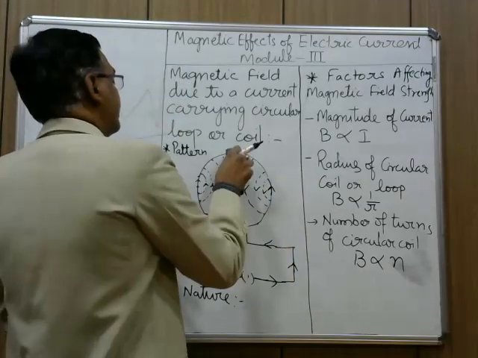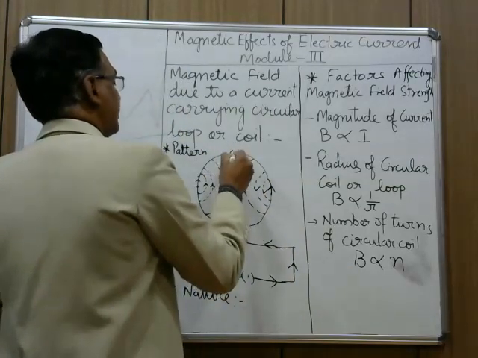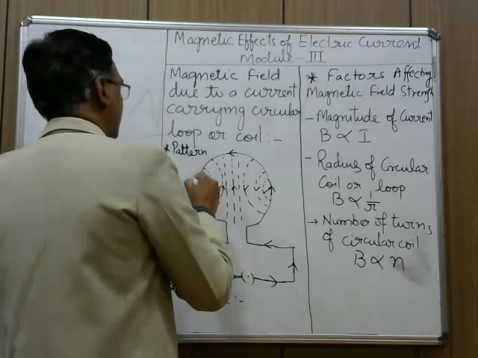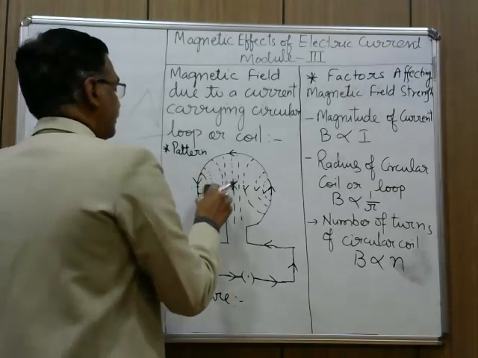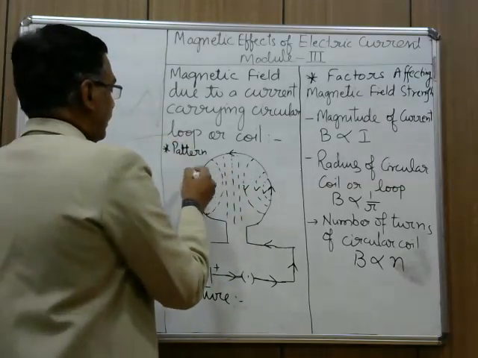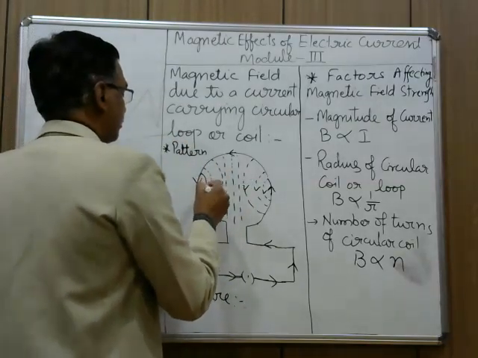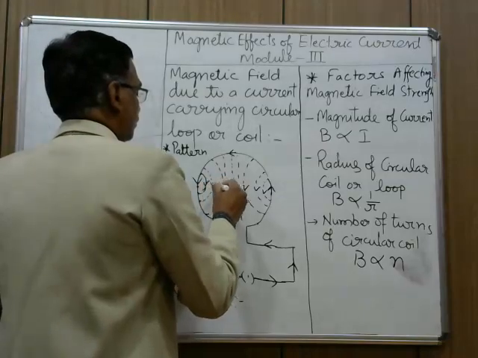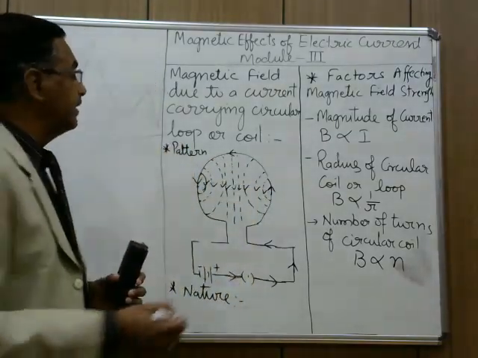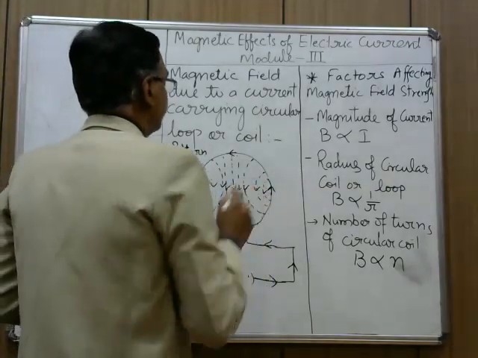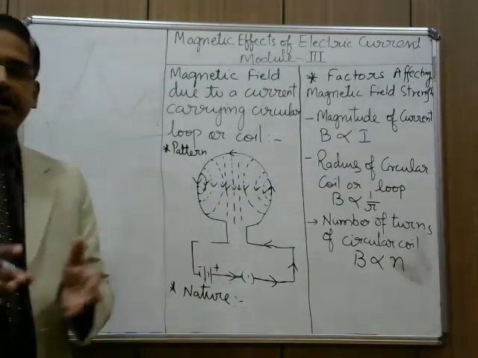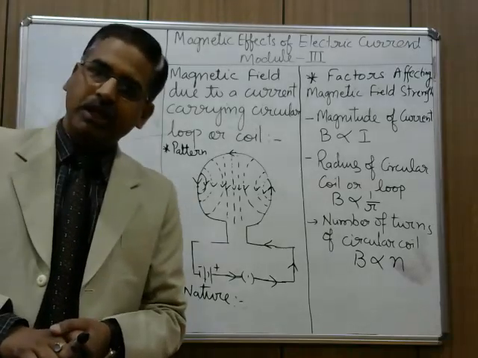Now since current in the circular coil is coming this way, at this point it will be downward. Since here the current is downward, therefore it will be clockwise. So now you can see the direction of current will be reversed. Then the magnetic field direction will also be reversed.